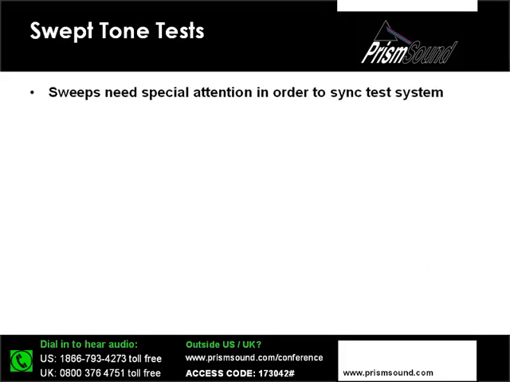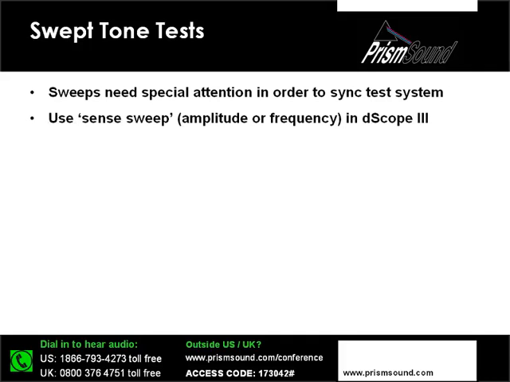Now, we need to be careful in order to be able to correctly synchronize the test system such that it is able to make our sweep measurement for us. And in the D-scope system that we're looking at today, the way we do that is to use what we call a sense sweep.